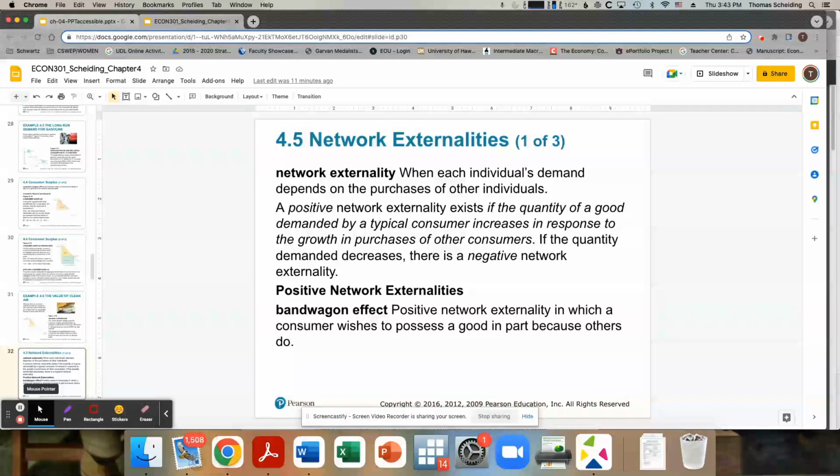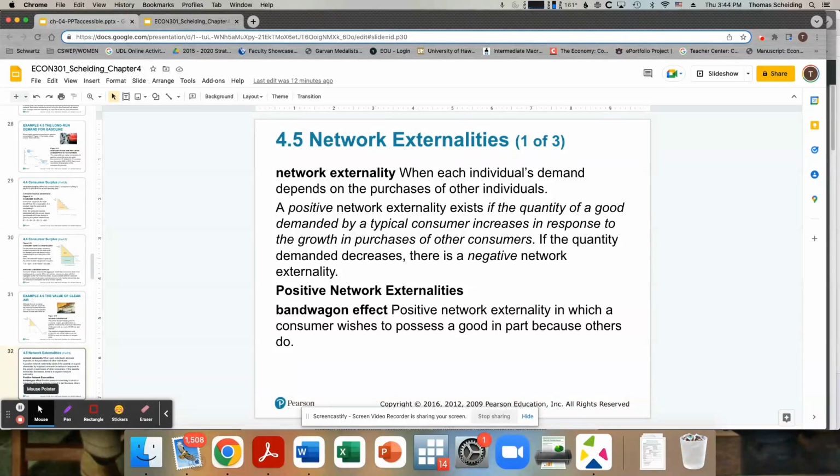The old example, which really is old at this point, would be email. Email becomes more valuable if more people use email. Fax machines become more valuable and useful as more people have fax machines.